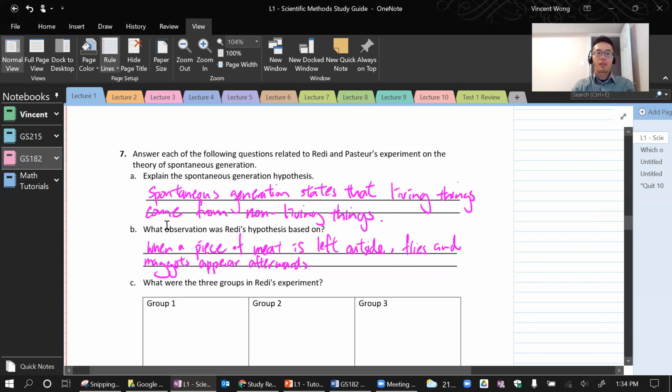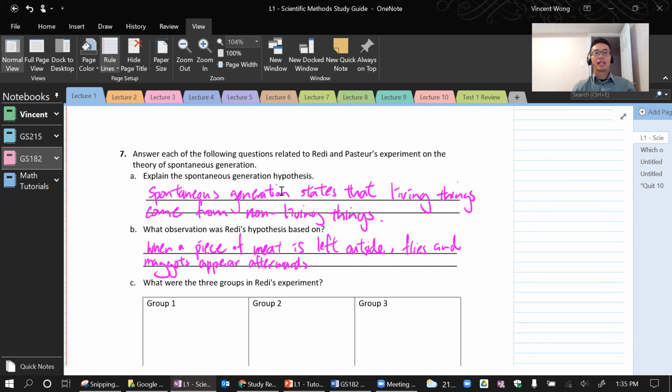And another observation that was supporting spontaneous generation is that fish and frogs would sometimes rain from the sky, and people would be like, oh, the sky, non-living, is creating these living things, the fish and the frogs. It's just raining down.